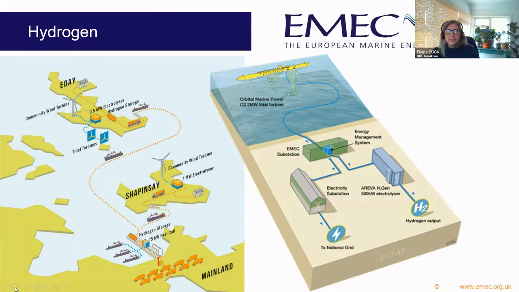That hydrogen is then transported back to the mainland in Kirkwall, where it's put into a fuel cell, and this is used to make electricity and heat. And it's used not only for transportation, but also for the vessels at the port side in Kirkwall.